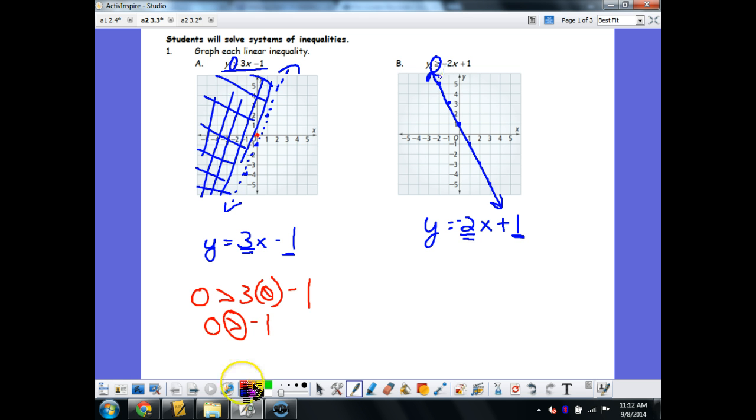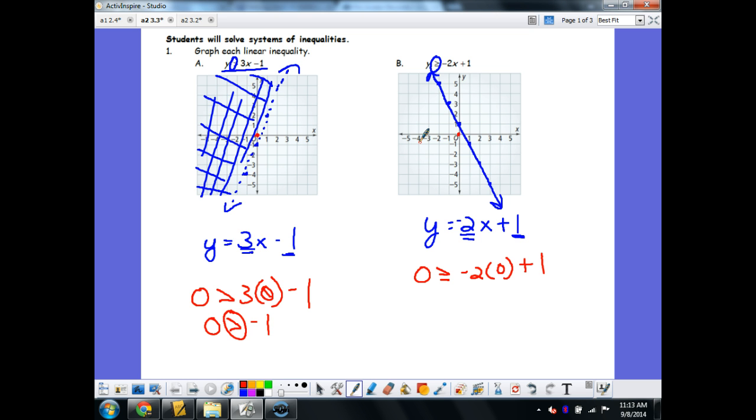And then finally, I'm going to determine what side of that line to shade. That line does not go through the point 0, 0. So I am going to choose the point 0, 0 and see if it makes that inequality true. Is 0 greater than or equal to negative 2 times 0 plus 1? And again, if it makes it true, I'm going to shade the side of the line that that point is on.